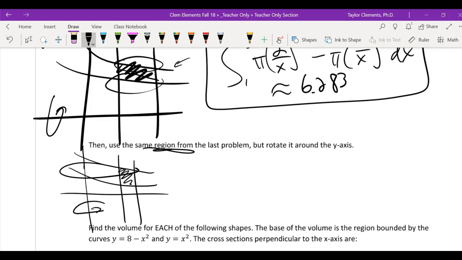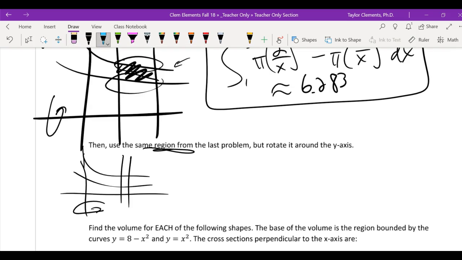So here's a crude drawing of a shell for that. Let me erase it. There we go. So kind of a shell slice right there. Notice my drawing there.